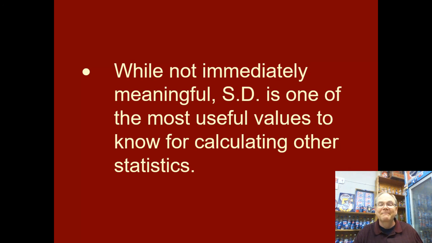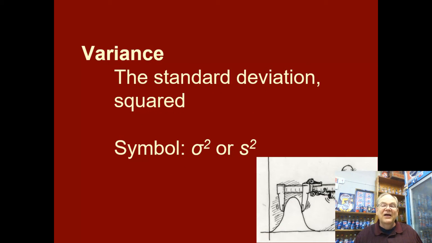There are two other statistics that we're going to talk about that deal with spread. And I'm going to mention one of them quickly. The third one is what's called the variance. The symbol for variance is either sigma squared or s squared. And if you look at what that symbol is, it tells you literally what the variance is.